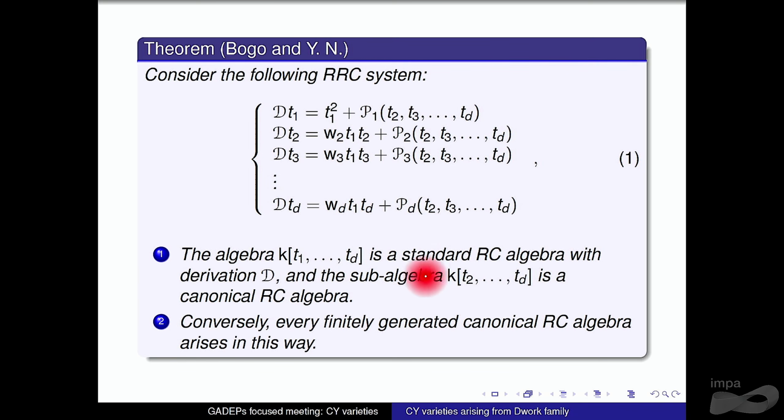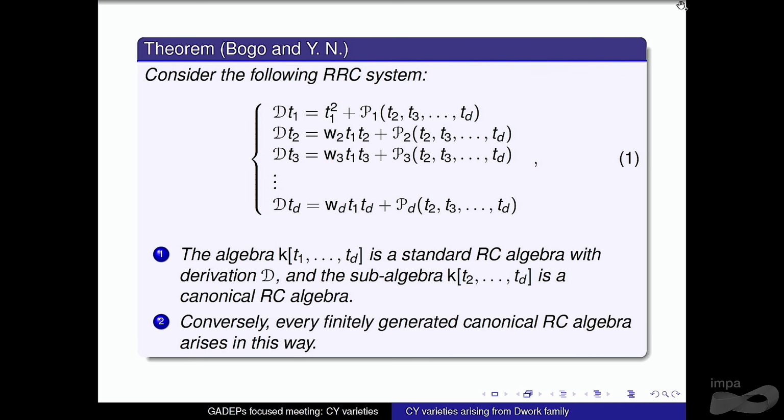And if we consider the space generated by T2 until TD, not considering T1, which plays the role of the quasi-modular form, then we have the canonical Rankin-Cohen algebra structure here.